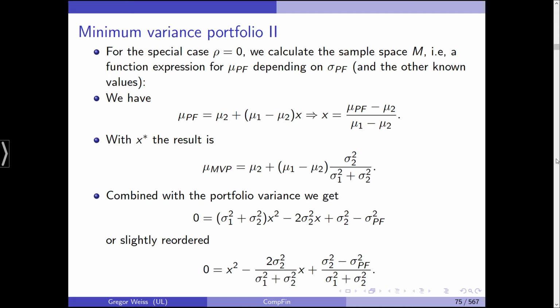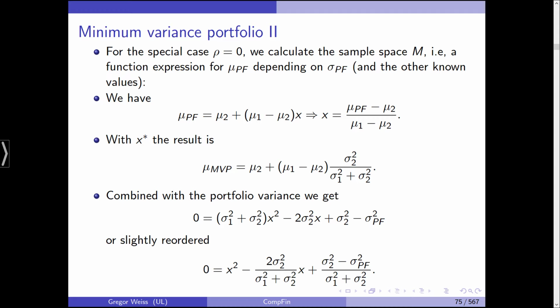Next, for the special case rho equal to 0, we calculate the sample space M, that is, a functional expression for the expected value of the portfolio return depending on the portfolio volatility. In other words, we want to plot this in our sigma mu plots we've seen before, and we want to show how this actually looks graphically. The portfolio expected return is given by mu2 plus mu1 minus mu2 times x.